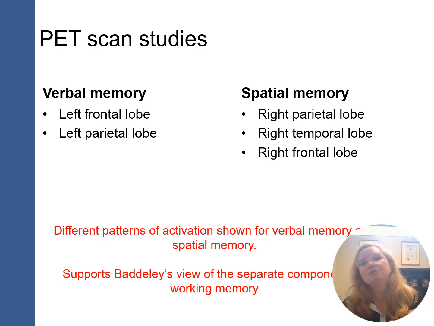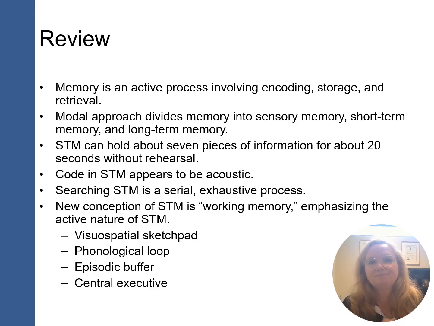So the left frontal lobe and the left parietal lobe are really important for verbal memory, the phonological loop, whereas spatial memory, the visuospatial sketchpad, is more right parietal, right temporal, right frontal. So Baddeley's working memory model isn't just something cognitive psychologists came up with after running a couple of studies and gathering some data that suggests it might work this way. There's actually neurological work that is supporting these models.